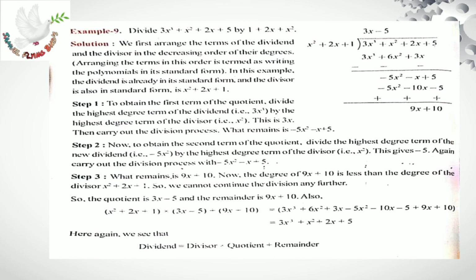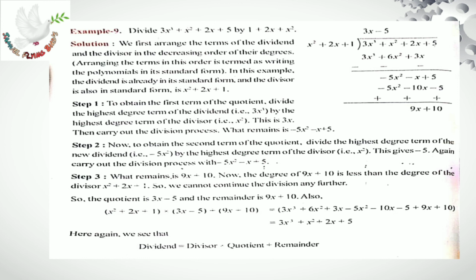Now we have to check the expression which we have got against the expression given in the question. The expression which we got is 3x cube plus x square plus 2x plus 5.